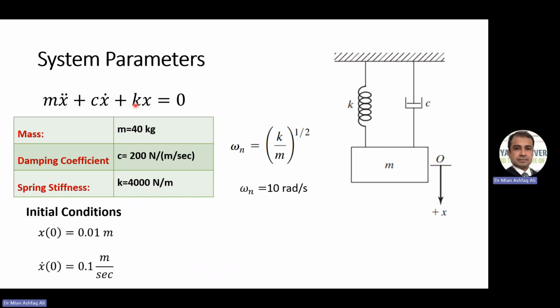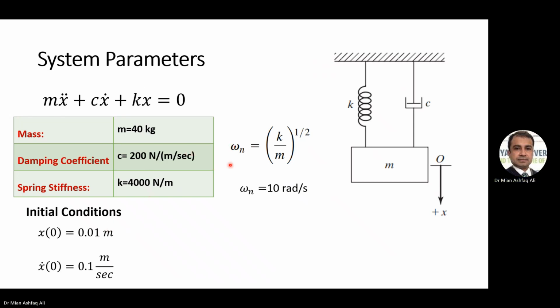We want to simulate the system, and you can use this formula and you will find out that the system natural frequency is 10 radian per second. The simulation will be carried out for two initial conditions, where the initial position is 0.1 meter and the initial velocity is 0.1 meter per second.